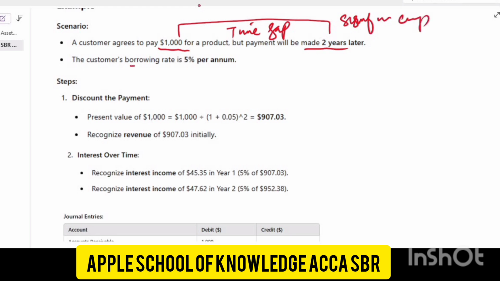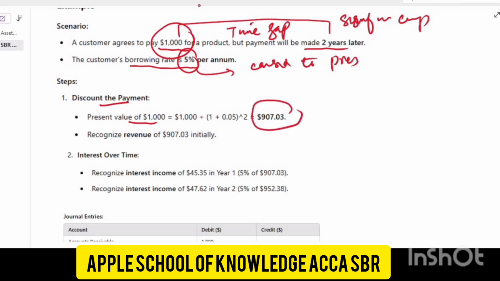Clear? And the customer borrowing rate is 5% per annum. So this 5% will be used to discount the consideration to fair present value, and the consideration is 1000. So discounting the payment means the present value of the 1000 will be this amount, and revenue is recognized initially at this amount.